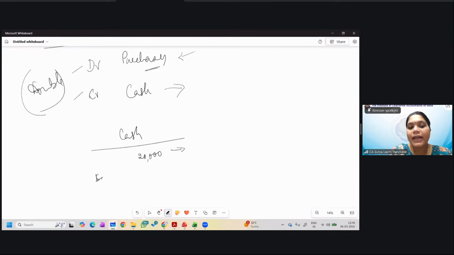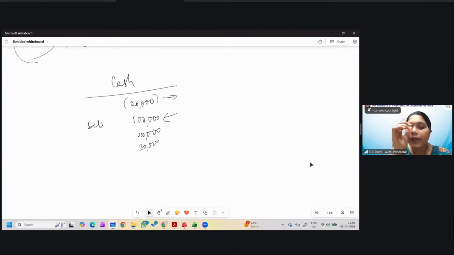Tomorrow I made some sale, some 1 lakh came in. So this is reduction, this is addition. Some 20,000 has come in. Then you made an expense of 30,000. So you just maintain this kind of a cash book wherein only what is coming in and what is going out is recorded. The other part of the adjustment is not recorded. That is what is called single entry system, wherein only one side of the entry is recorded.